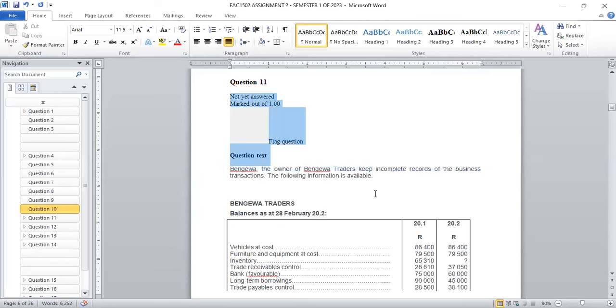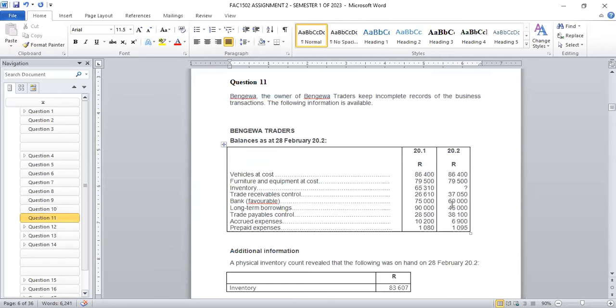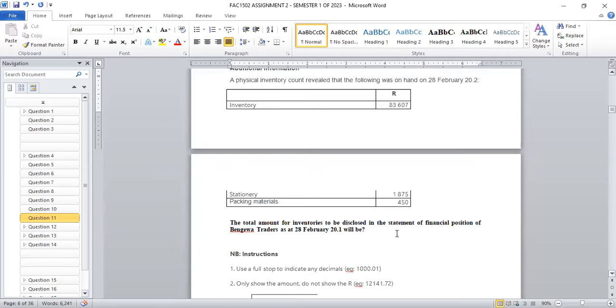Bengewa, the owner of Bengewa Traders, keeps incomplete records of the business. The total amount of inventories to be disclosed in the statement of financial position, you add the 3. That's the inventory that you're going to show.